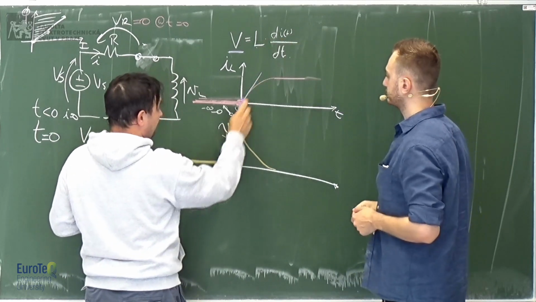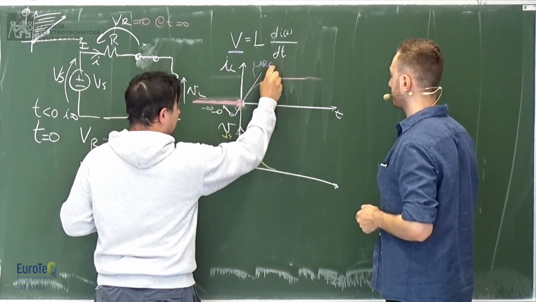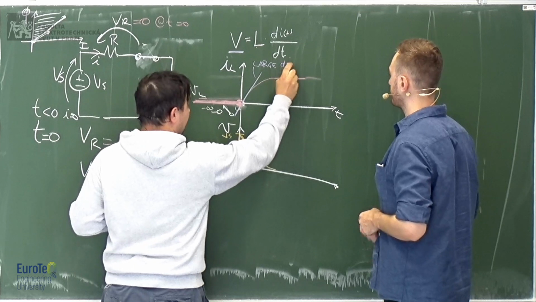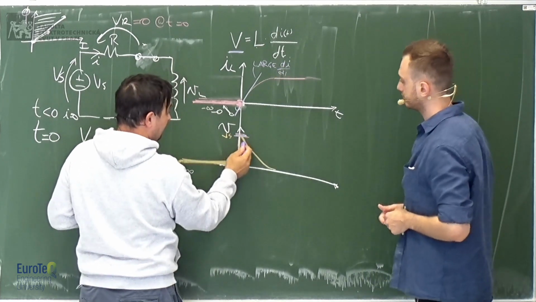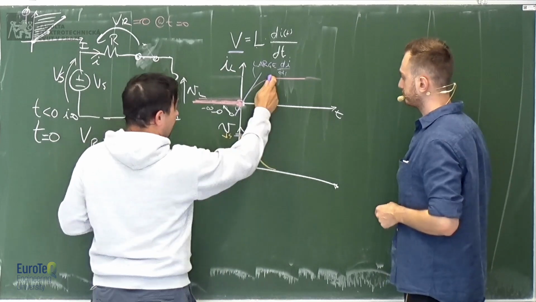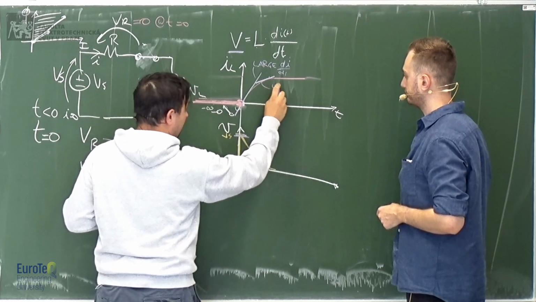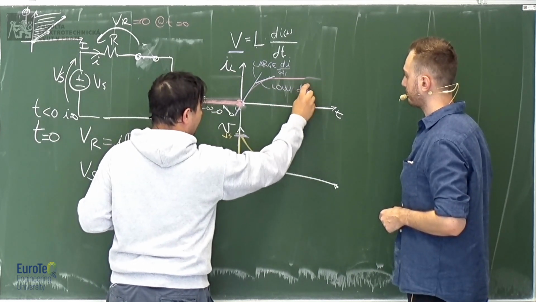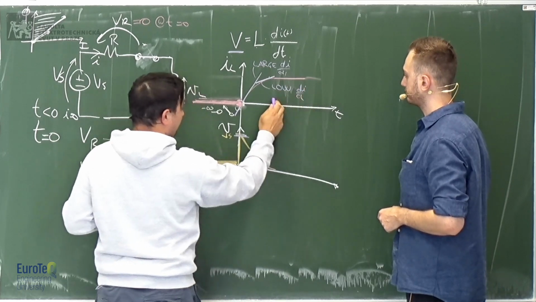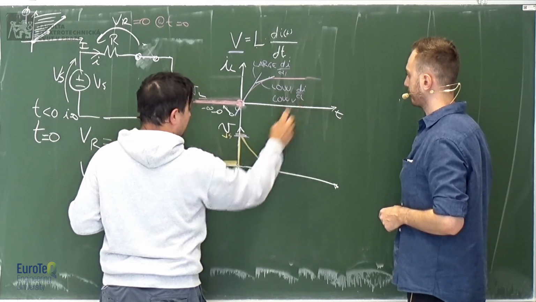So here you have a large derivative of current in time, and therefore a large voltage. Here you have a small derivative of current in time, and therefore a low voltage.